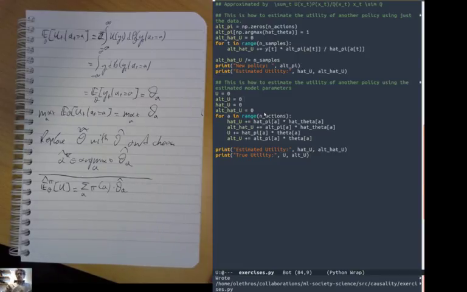Yeah, so it's very different. We only have a small number of samples, of course, so that's part of the reason why it's so different.